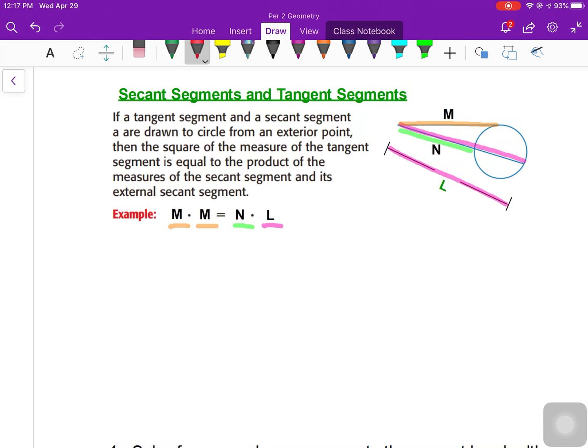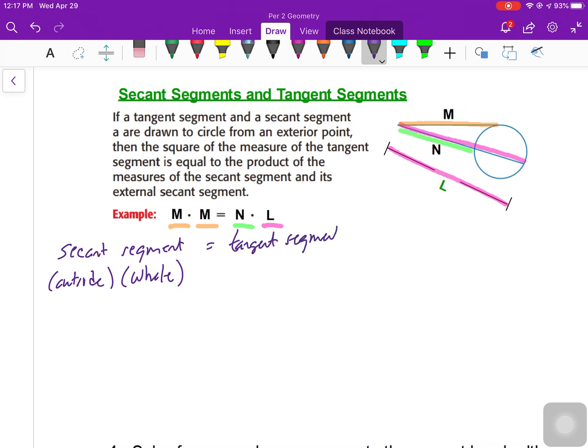This one we have secant segments and tangent segments. Now we've already talked about secant segments in this chapter. For a secant segment, remember the pattern was we take outside times whole length.